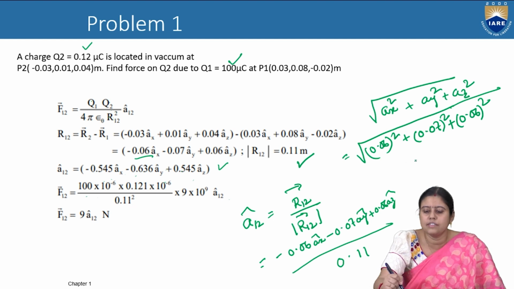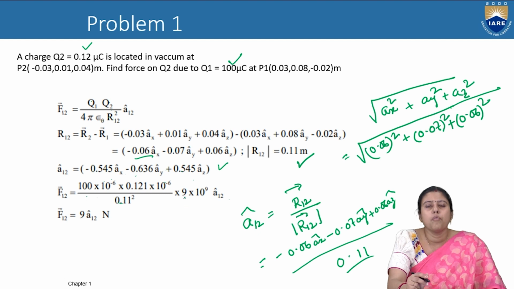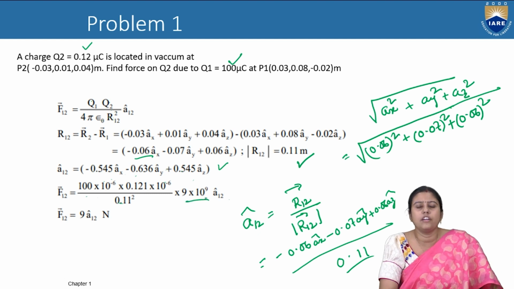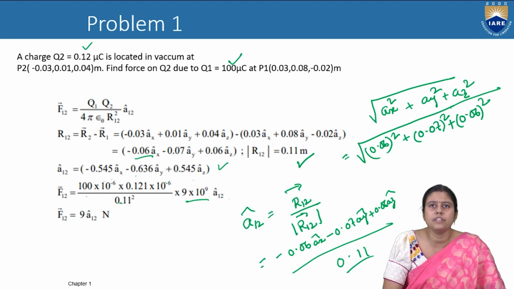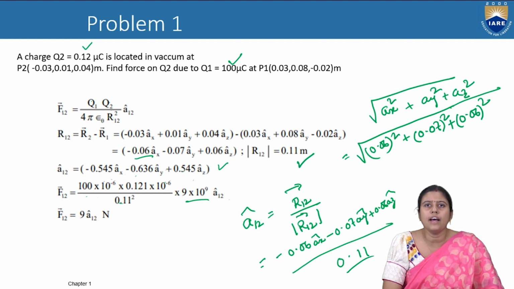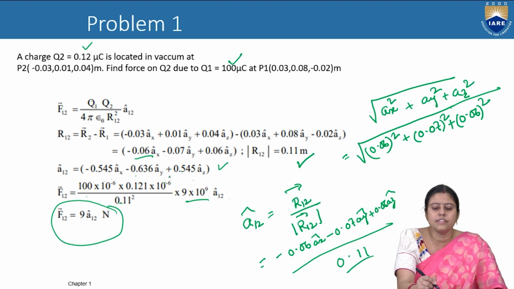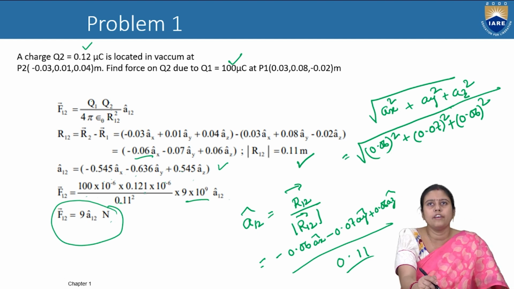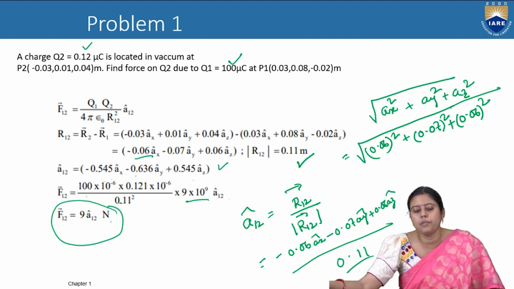R square means the distance square is 0.11 square, into 1 by 4 pi epsilon 0 value is 9 into 10 to the power 9. And the direction is A12. So if we solve this value, we will get the equation of the F12 value is 9 A12, and the force is in Newton. This is the SI unit. So the unit will be Newton.